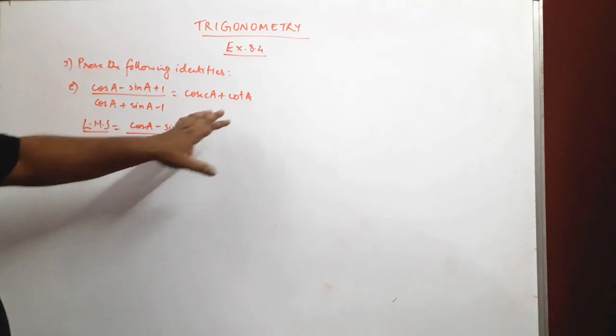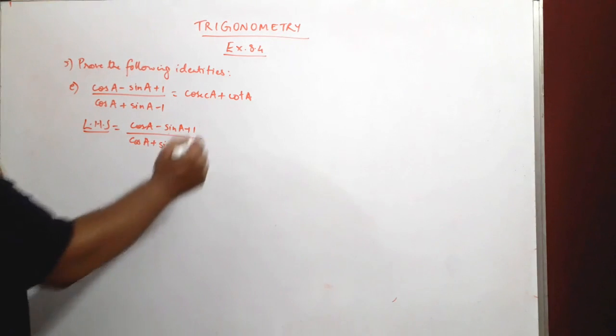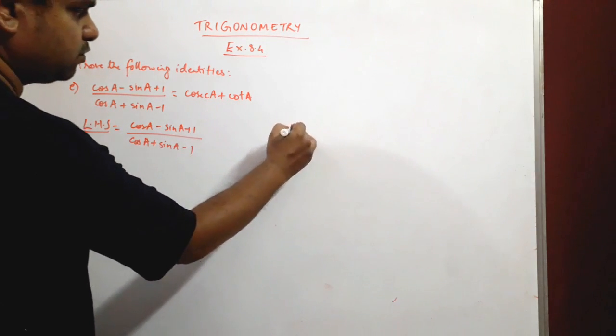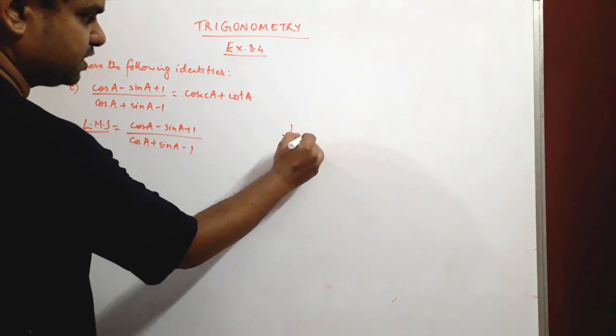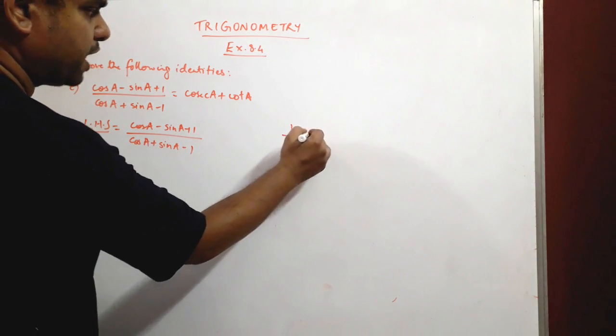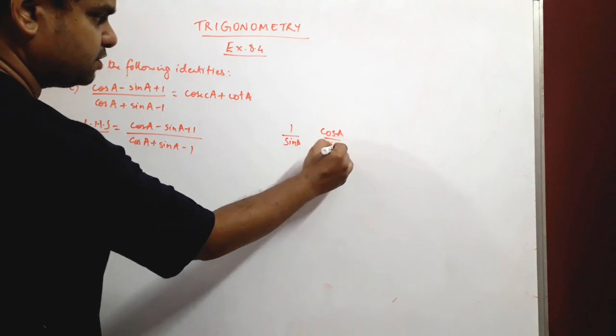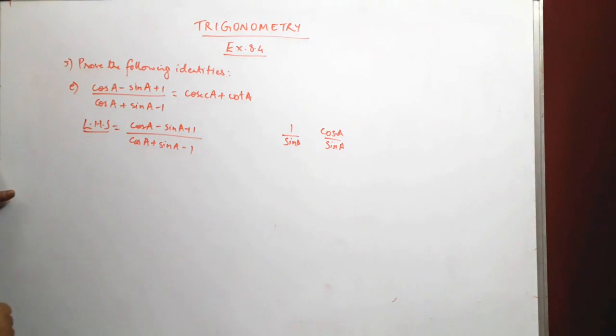If you notice both of these, cosec A and cot A, cosec A is 1 upon sin A, and cot A can be written as cos A upon sin A, which means we need sin A in both cases.